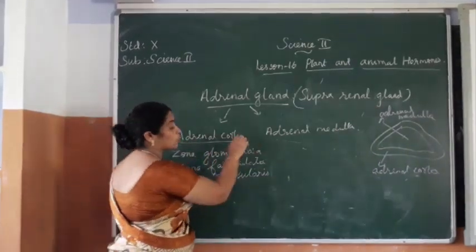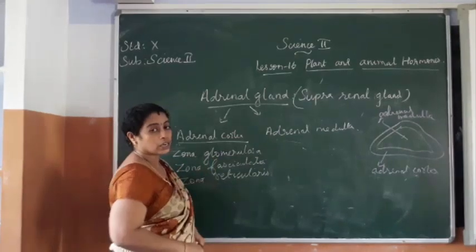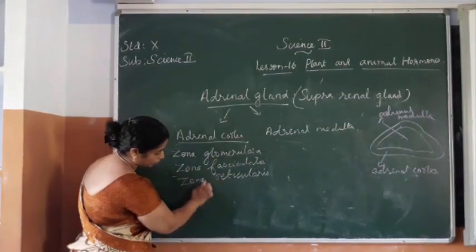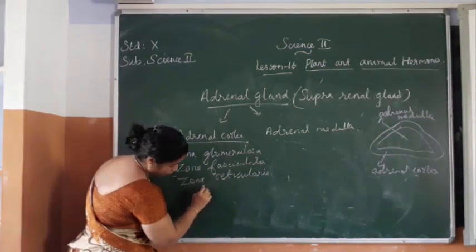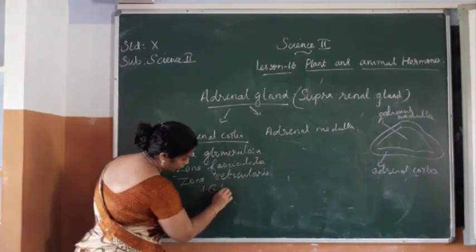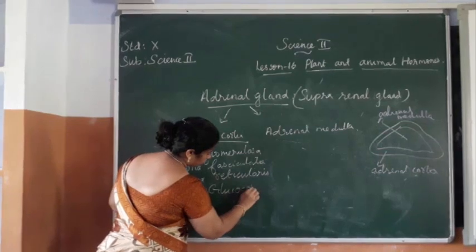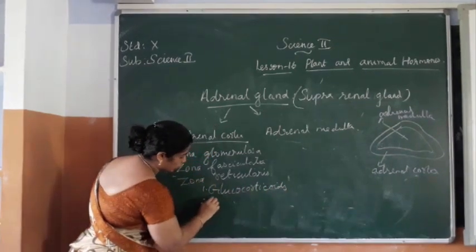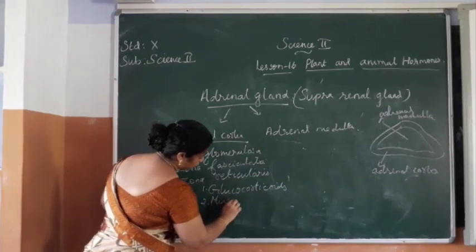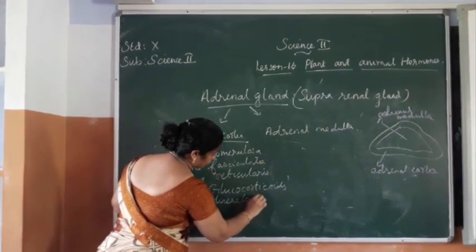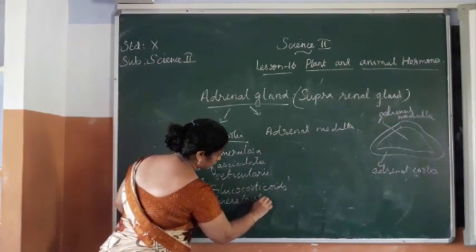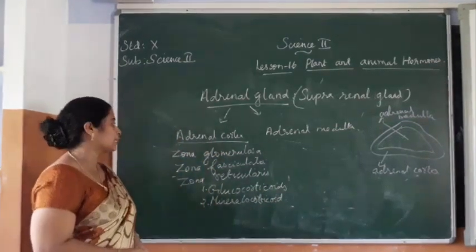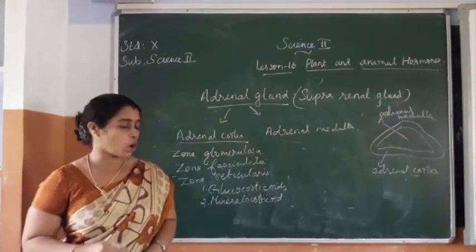Then what are the hormones secreted by this adrenal cortex? First one, glucocorticoid, and second one, mineralocorticoid. These are the two hormones secreted by the adrenal cortex.